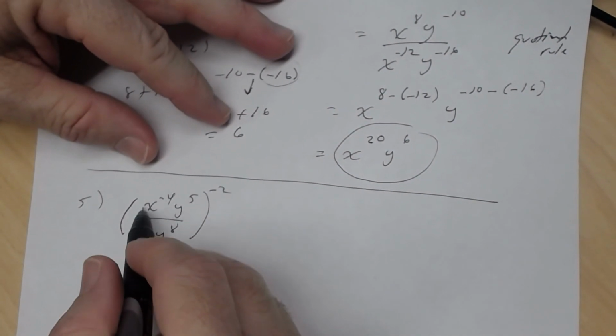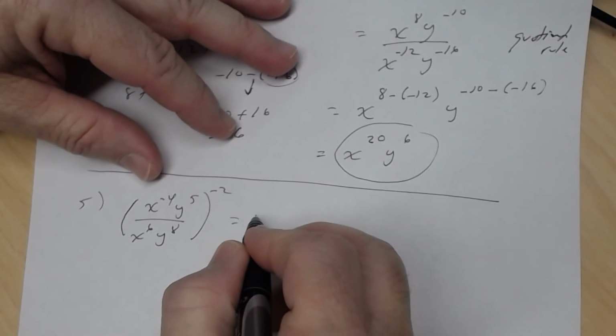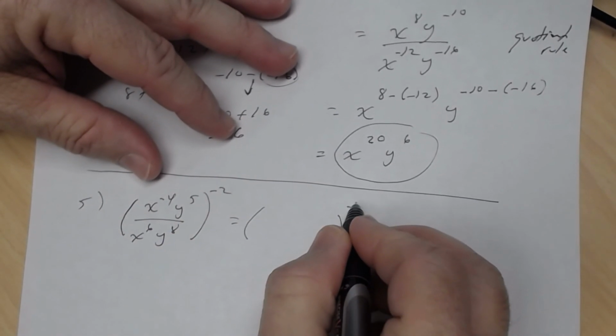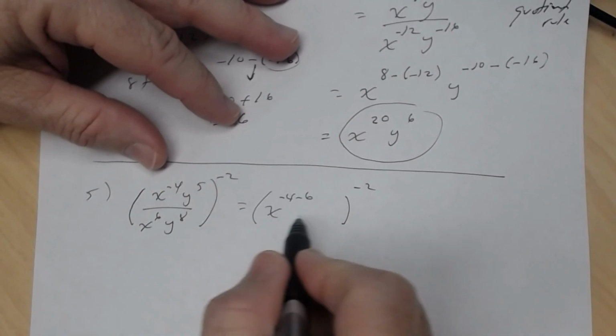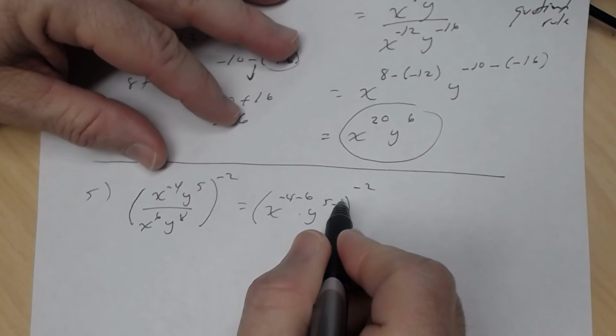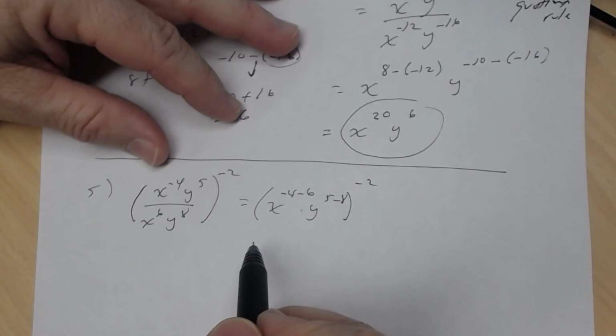If I go directly to the quotient rule, remember, divide like bases, subtract exponents. And remember, all this is being raised to the negative 2nd power. So that becomes x to the negative 4 subtract 6, times y to the 5th subtract 8.